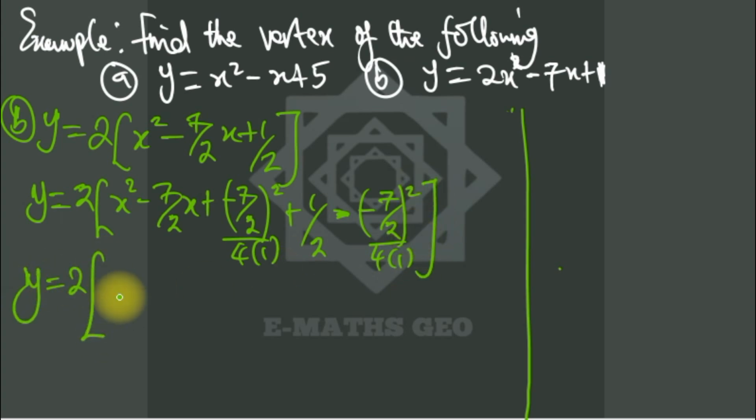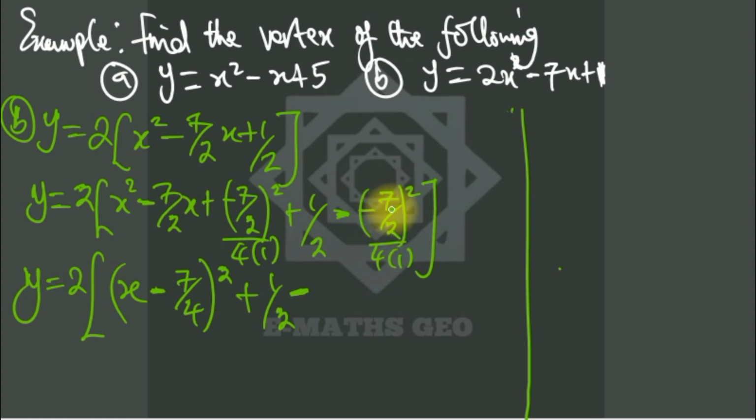So we have 2 brackets. This is now a perfect square. x squared minus 7 over 2 x plus this is a perfect square, and it will turn to the square root of x squared, which is x, and the square root of this, 7 over 4, remember it's minus, all squared. So why this? We just expand.